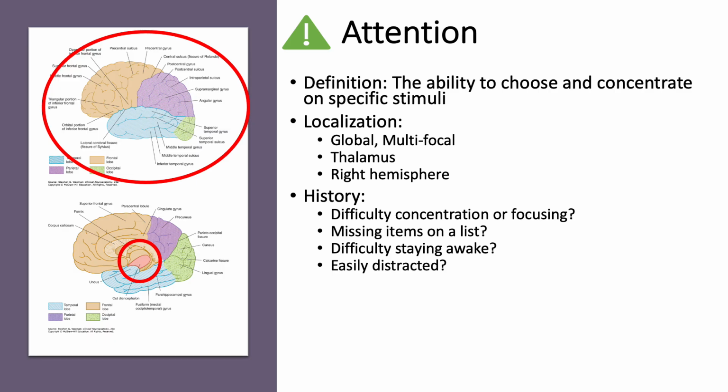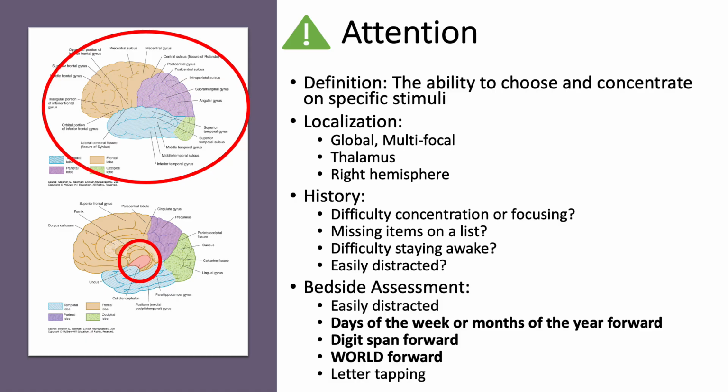In terms of assessment, the history would really be suggestive, where you have someone who has difficulties concentrating or focusing on tasks, so they may struggle to stay awake and are easily distracted. And even when you're coming to assessment, you're going to look as you're observing them to see how they are attending to you. Are they paying attention, or are they easily distracted?